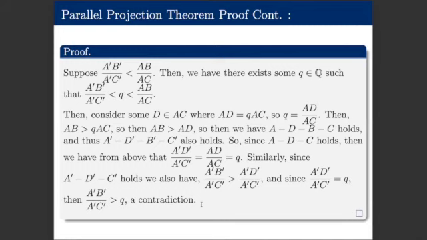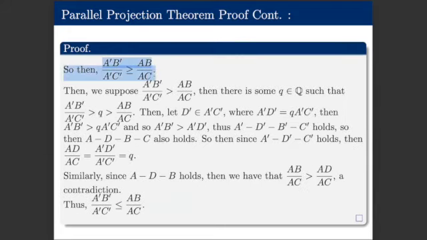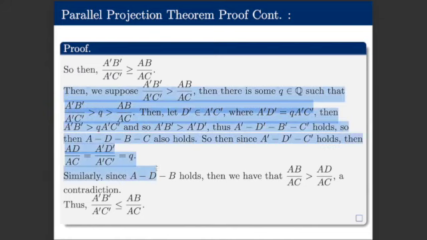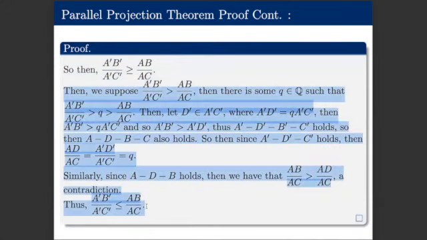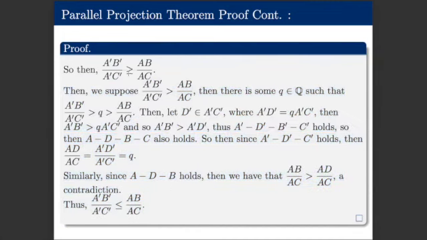So since this is a contradiction, we know our assumption is wrong. Thus its negation is true, which is A'B' over A'C' is greater than or equal to AB over AC. I'm going to skip through this second part. What this is basically showing is the reverse, where we suppose that A'B' over A'C' is greater than AB over AC.